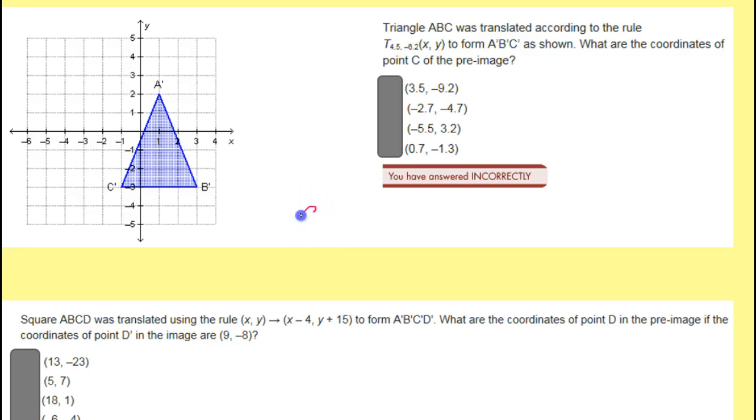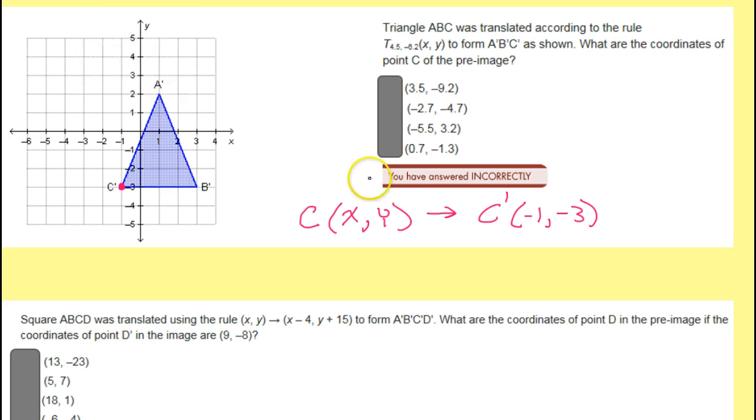So there was some point C that we'll just temporarily call (x, y), and it became C prime, which is right here. Now this is not a decimal. C prime is the point (-1, -3).